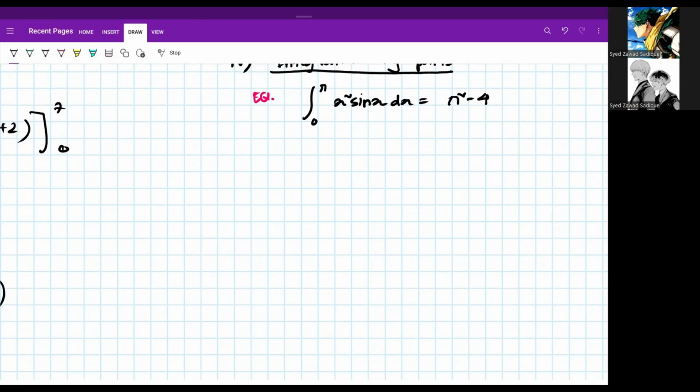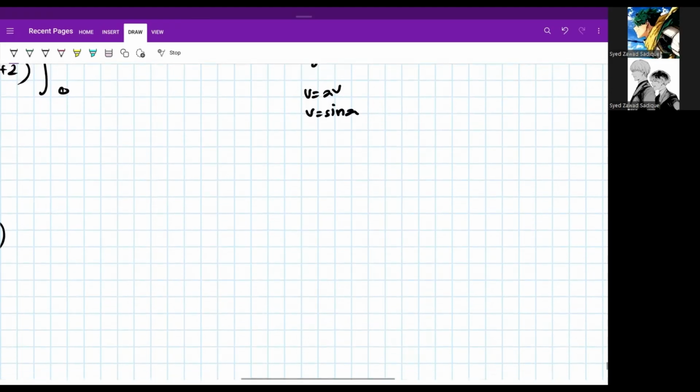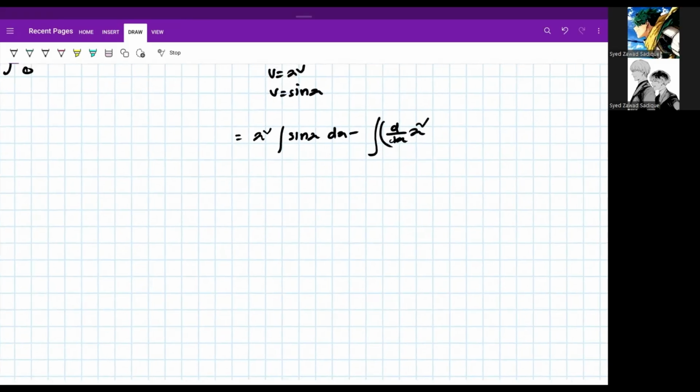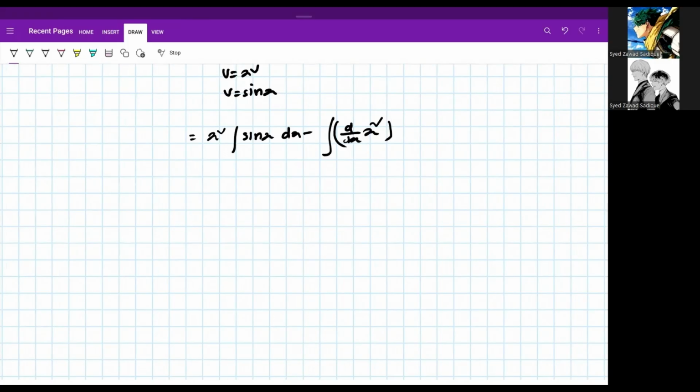we know that this is algebraic, this is trigonometric. So we can say u equals x squared, v equals sine x. Now solve it: x squared times the integral of sine x dx, minus the integral of the derivative of x squared times the integral of sine x dx.